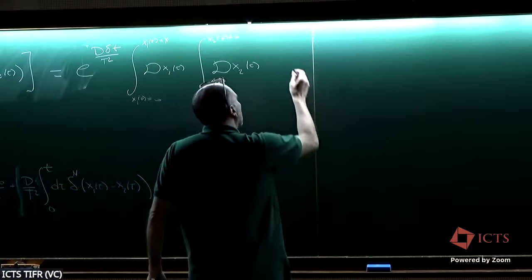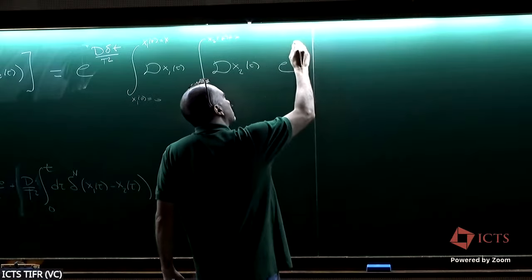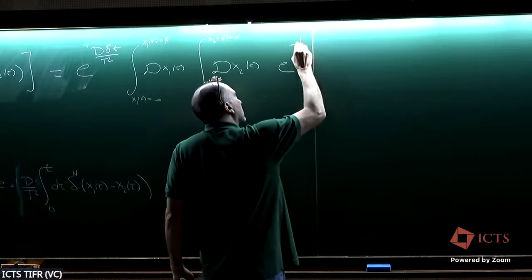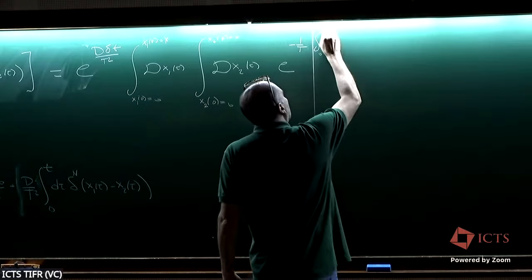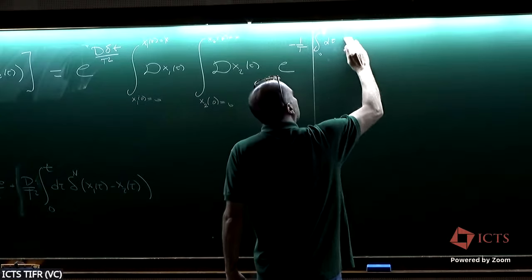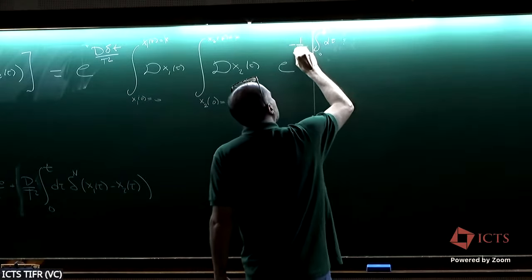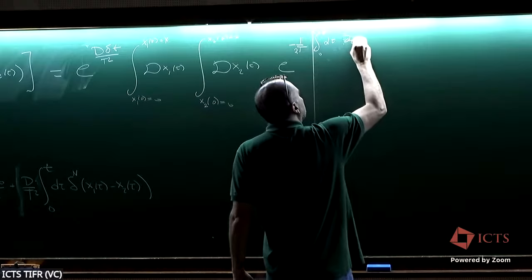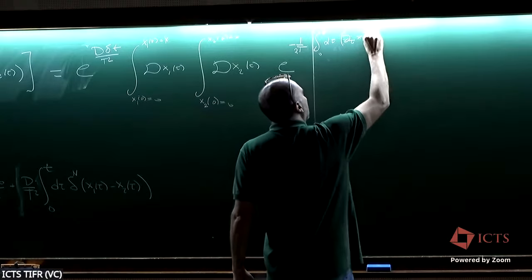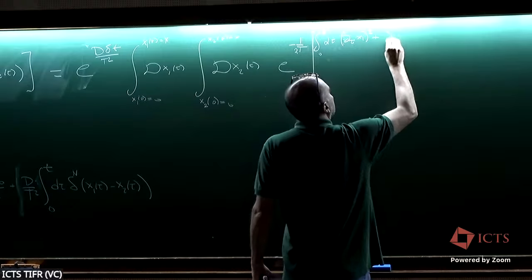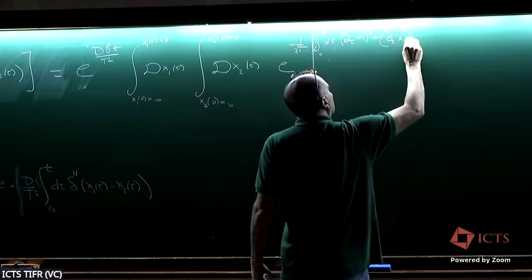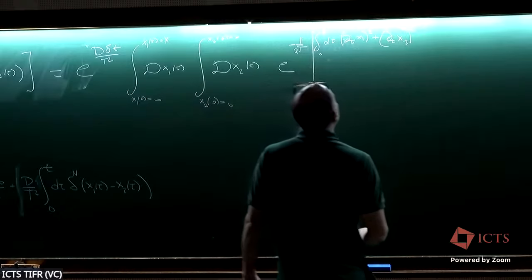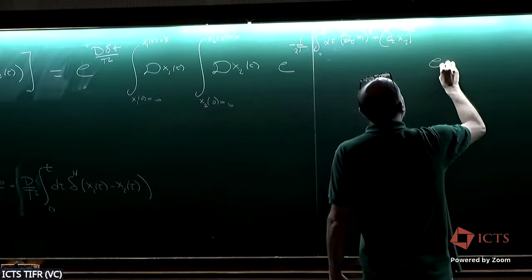And now we have a kinetic term. So let me put it like this. The kinetic term will be d tau x1 squared plus d tau x2 squared. Okay, this is the kinetic part. And then we have the potential part.